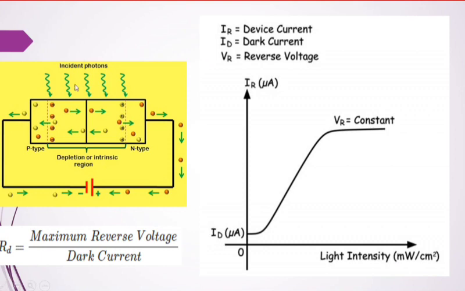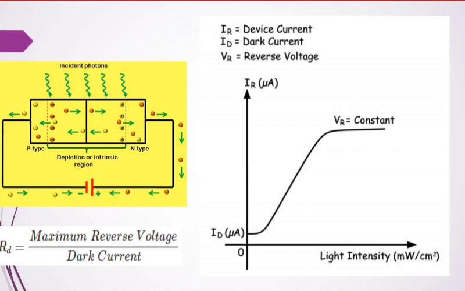Due to the irradiation of photons, the light passes through and the covalent bond is broken and emits some free electrons and holes. I mean, free electrons are created due to the irradiation of light. That irradiated light breaks the covalent bond, so free electrons are created. So many free electrons are created, which means the current will flow through the junction. That current is the reverse saturation current.